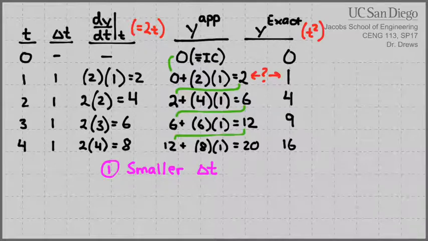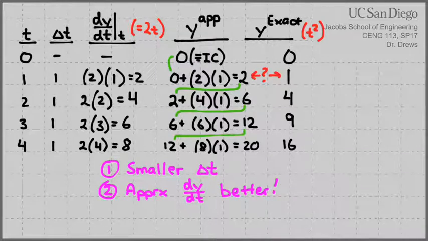The other way to do it is to approximate dy dt better. Right now, there's a key feature of this dy dt that we're evaluating, which is we are evaluating this dy dt only at t.